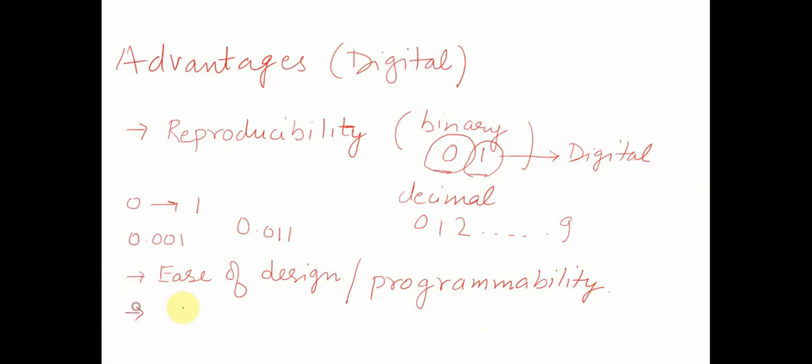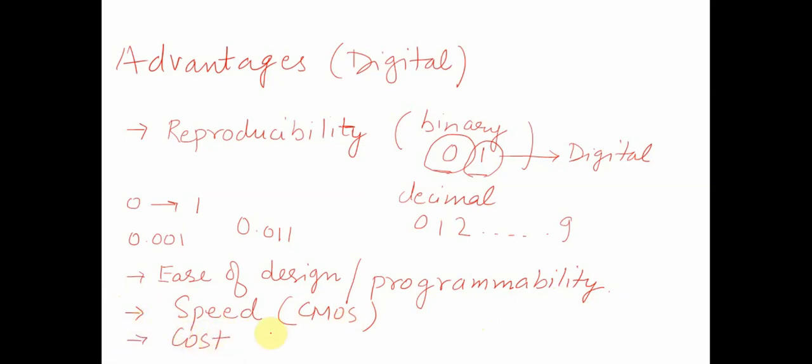The next point is speed. We will talk about speed in detail when we talk about CMOS circuits. Digital circuits are much faster as compared to analog circuits. And when we talk about CMOS, we will talk about power dissipation, and also something in terms of cost.